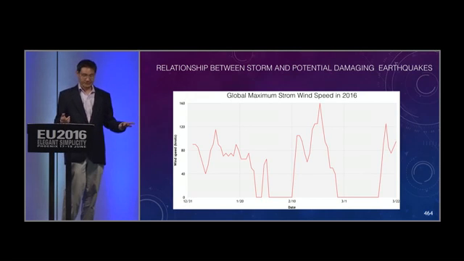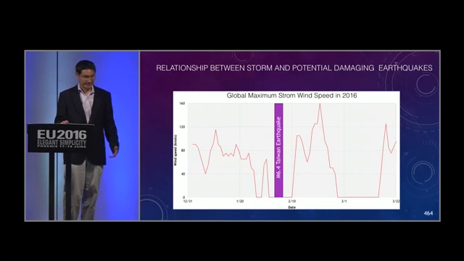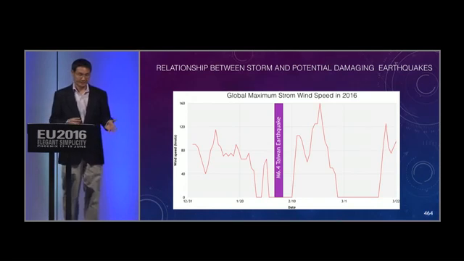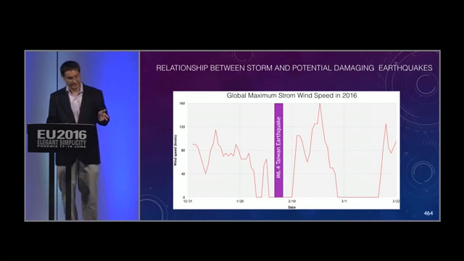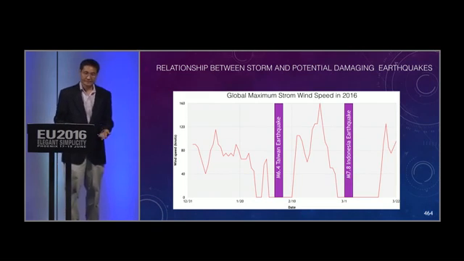If you want to predict earthquakes, you look in the zone where there's no storm, or the storm just dies down. There are 2 periods here, and we see that earthquakes occur in those time periods. One is the Taiwan earthquake, magnitude 6.4, and the other is magnitude 7.8 in Indonesia.